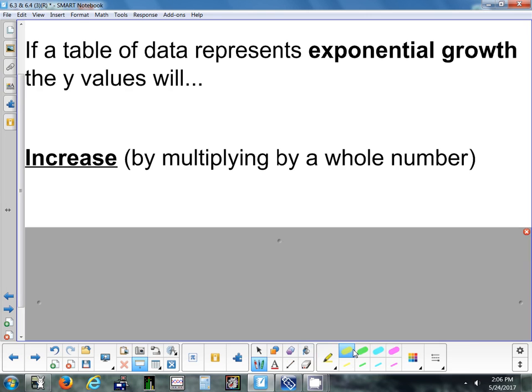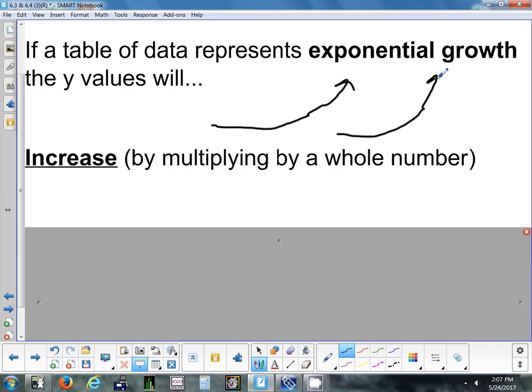For an exponential function to represent exponential growth, the y value will increase. So for your blank there on the back side, you're going to write increase. If you want to write next to it in parentheses, by multiplying by a whole number, that's up to you. Because if we're increasing, we're multiplying by a whole number every time. We're starting with fractions, going to whole numbers.